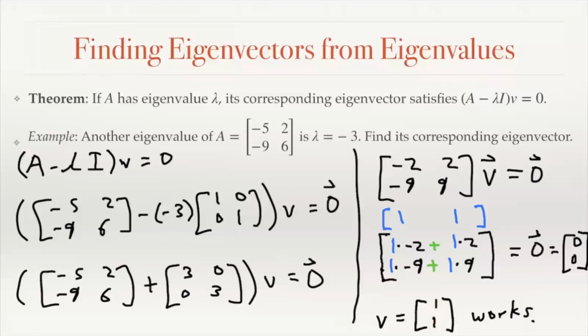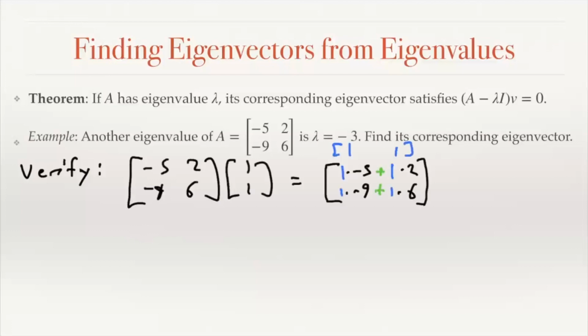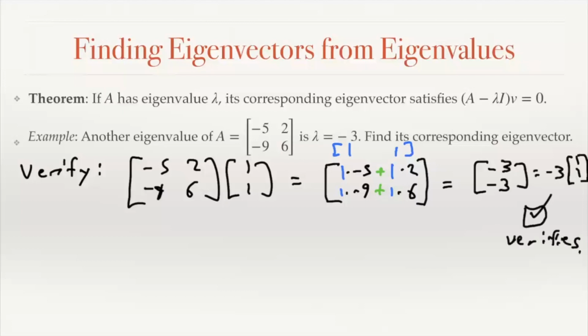And you can verify: if you multiply this matrix by 1, 1, when we perform that matrix multiplication, we wind up with -3, -3, which is indeed -3 times 1, 1, and that verifies it. This verification is not strictly necessary, it's just checking our work.